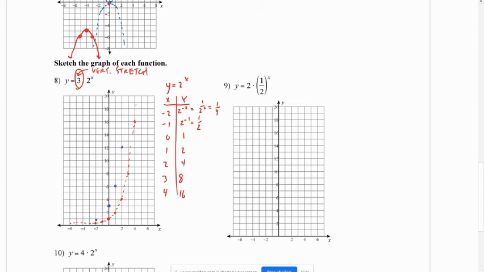And (3, 8) would become (3, 24), which would be off of our graph. So our new and final graph looks like this.